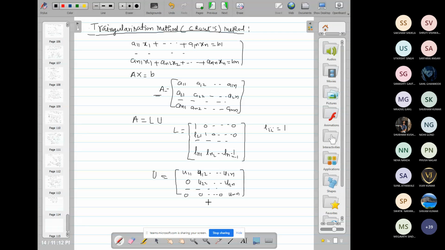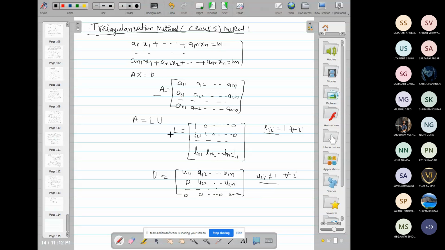This is the upper triangular matrix. Here the diagonal elements uii are not equal to 1. Some may be 1, but here we have not considered that. So either we consider lii equal to 1 for every i, or for some particular i it may be 1, but not for all.